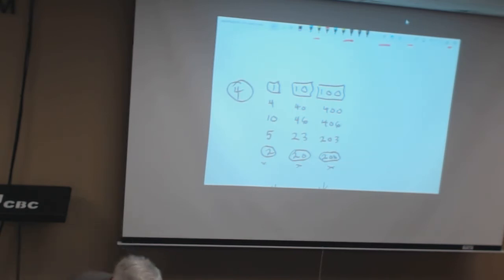Add 6. What did you get? 26. Divide by 2. What do you get? 13. Subtract 3. What do you get? 10. So the original number was 5 that somebody picked, and the end result was 10.